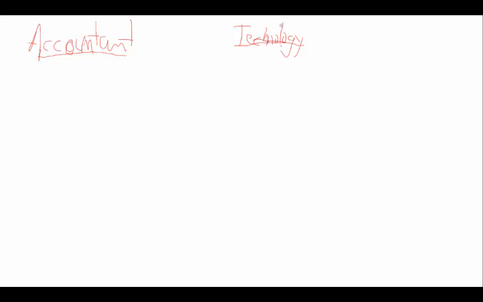So increasingly, we as accountants are not only becoming just experts in the reporting, but we're becoming experts in the overall business of the organizations we're going in to evaluate and review. We need to understand how they work.